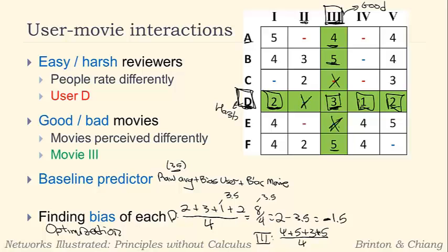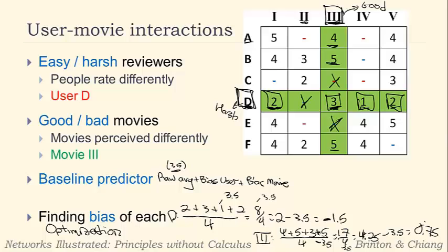So this comes out to be 17 over 4, which is 4.25. And then remember, we subtract 3.5, so 4.25 minus 3.5 gives us positive 0.75.